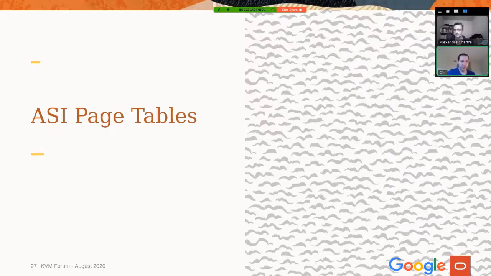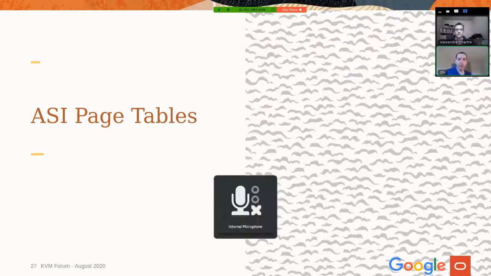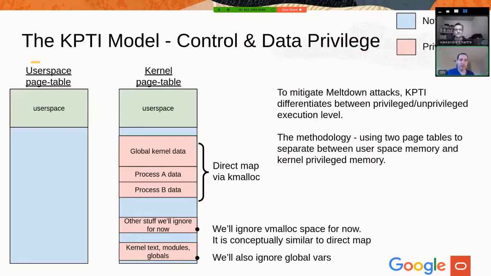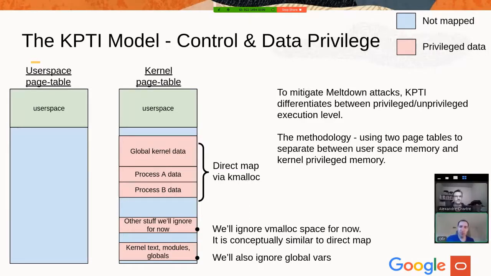Thanks, Alex. So now we'll give a brief discussion on what page tables look like. There are probably several ways to manage page tables, but this is one way that we're doing it right now. As general background to ease into why we designed the page tables as they are, this is a rough description of how it looks for KPTI.